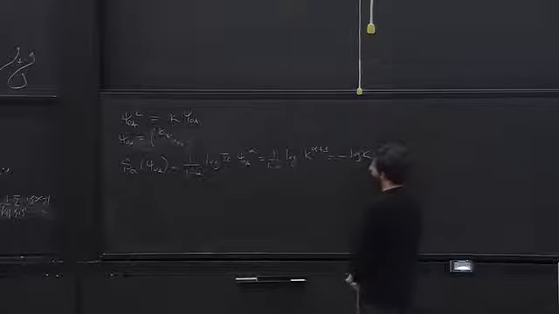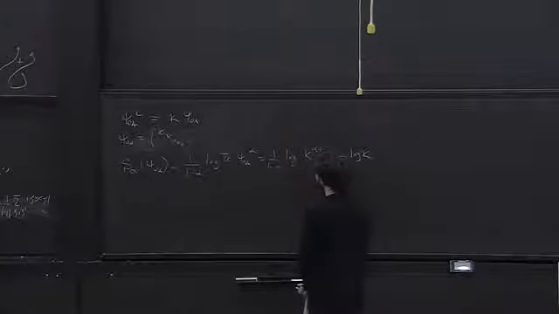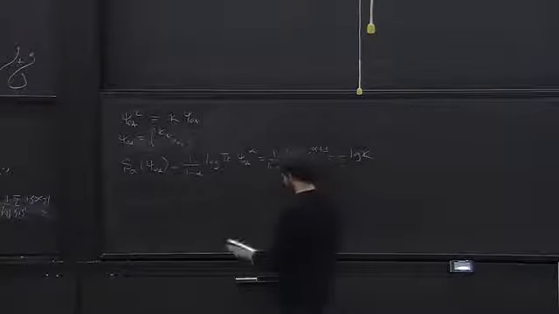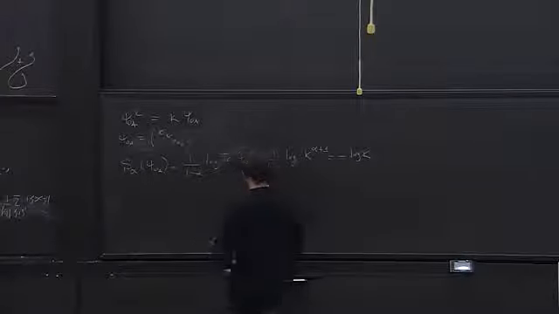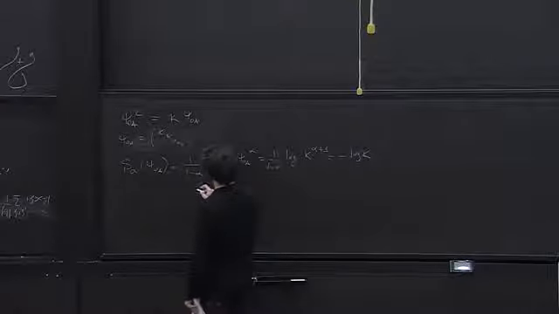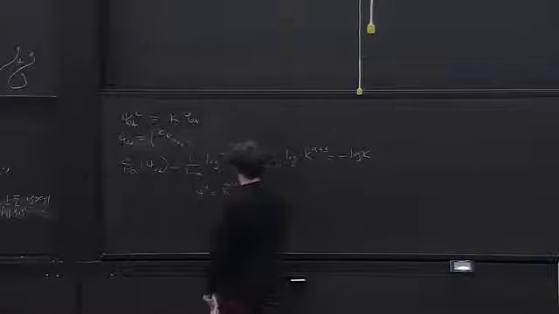Let me do all the passages. You see, psi to the alpha is equal to k to the alpha minus 1 psi.